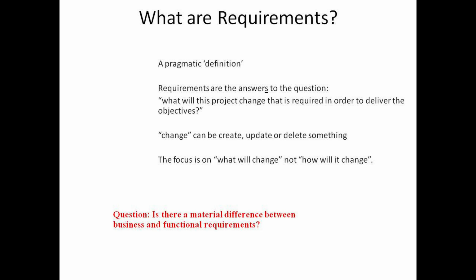So the focus is on what will change, not how it will change. Remember, as a BA, it is all about what. We don't want to talk about how. We don't want to talk about technology. We don't want to talk about how it will be implemented. As much as possible, you are not supposed to talk about these things. One, BA is not the right person to talk about them.